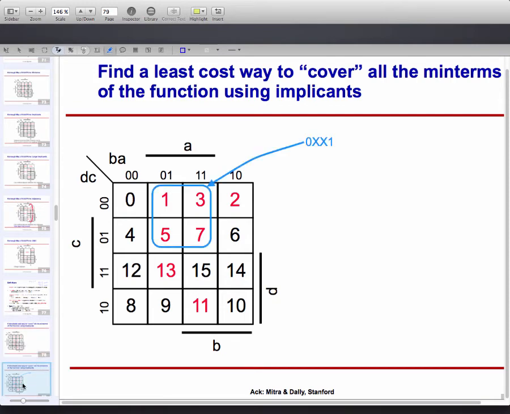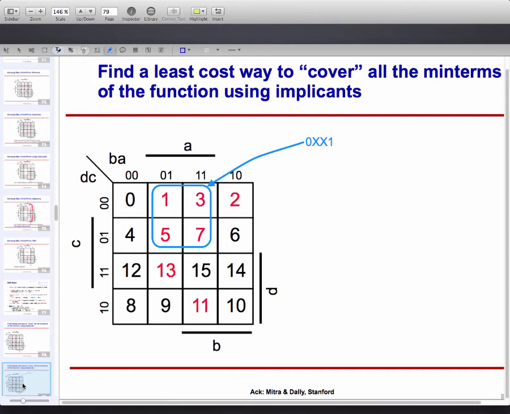So the strategy is always to start with the largest possible things. In a 4-input function, you start by looking at faces. So we see a face here, this 2x2 square.